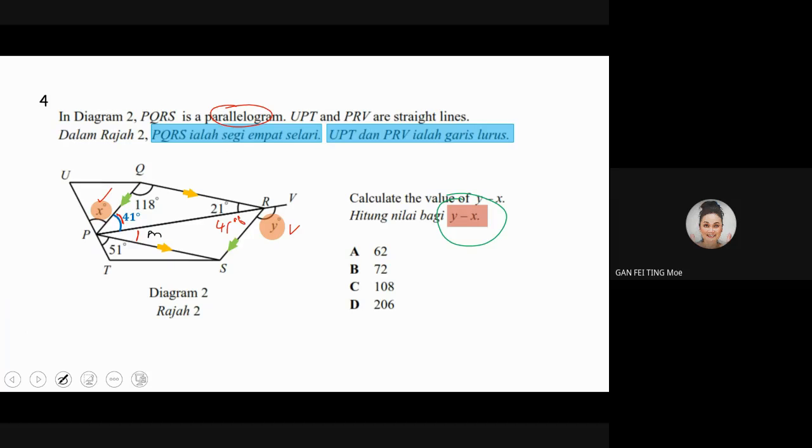What's the value of m? Refer to the diagram. Yes, 21. Very good. When you get this, it's no longer a problem. So you get your value of y. What is the value of y? Get your calculator, press the value now. What's the value of y?